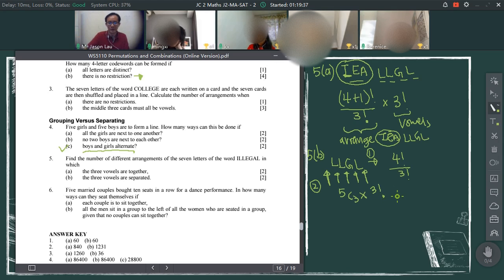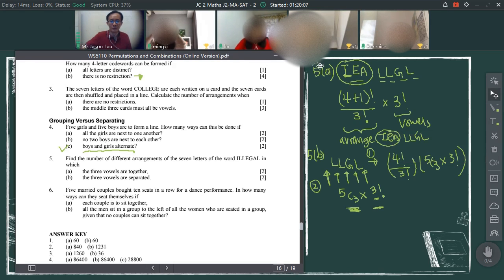Then times 3 factorial. Why times 3 factorial? The 3 vowels are all different. So when you choose, there's no guarantee of the order they take up; you're just looking at the positions, you haven't looked at the ordering of the letters. So you multiply that way. Then that will do.